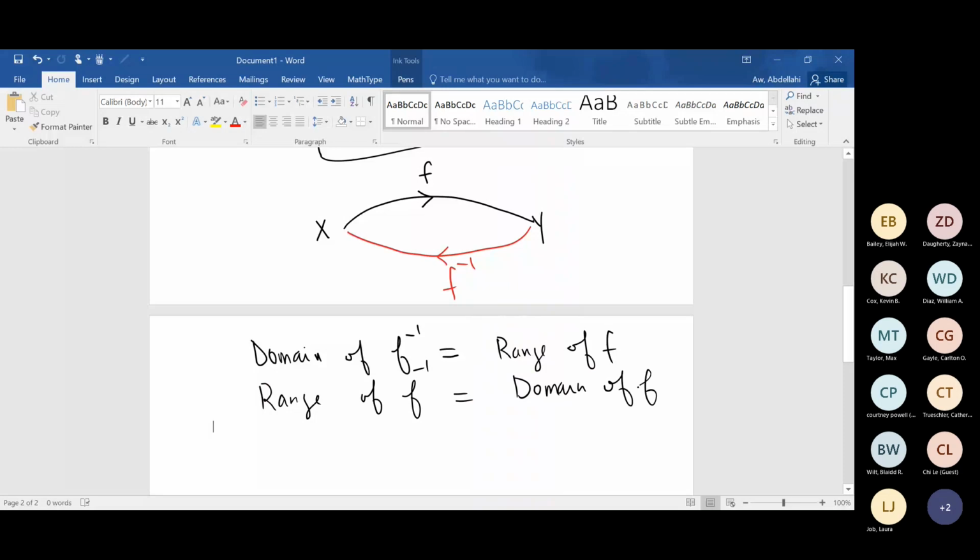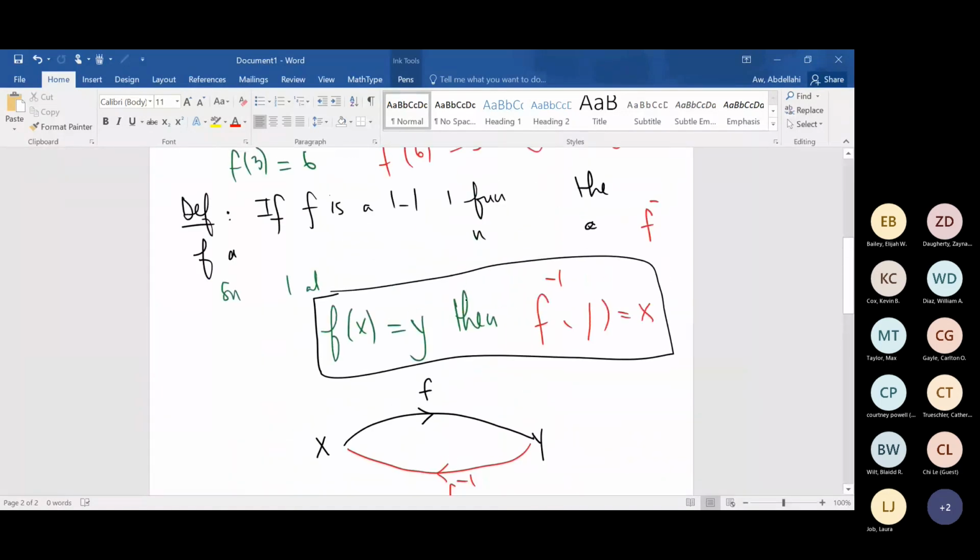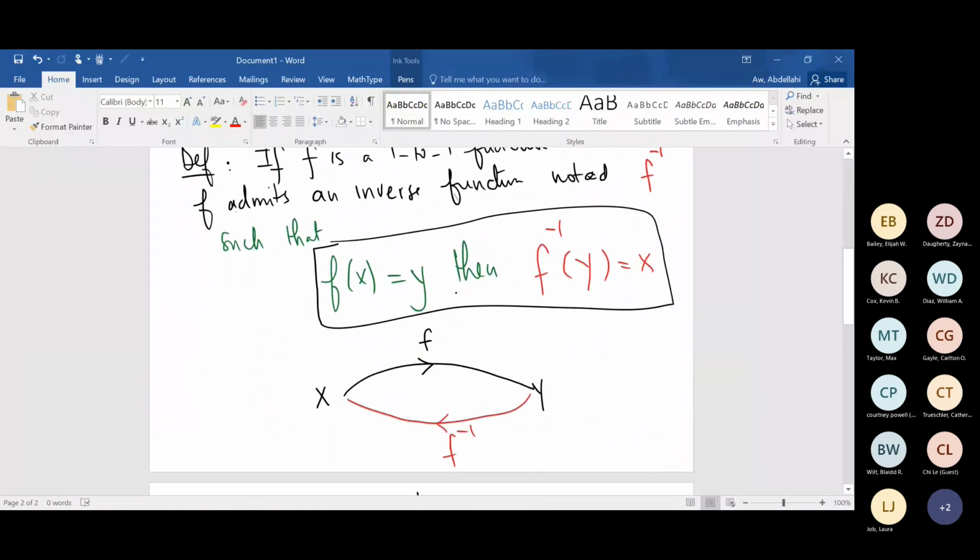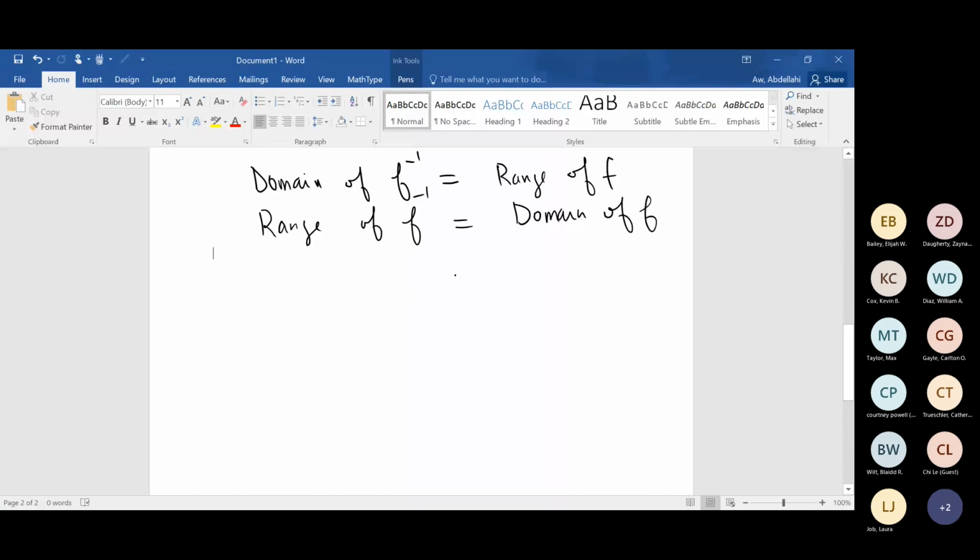Okay? So what was an input will be an output here. What was an output will be an input here. So that is the definition of the inverse, right?